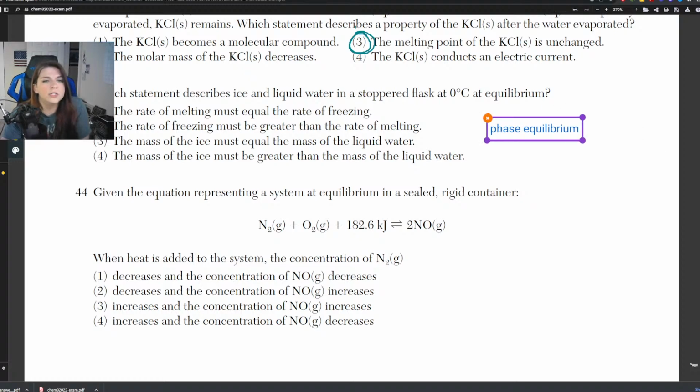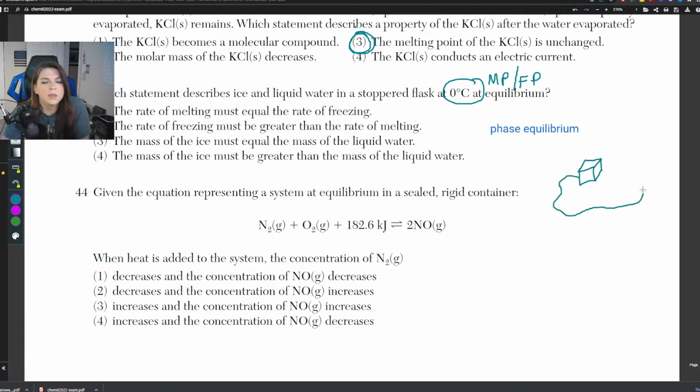So at 0 degrees Celsius, water is going to be sitting at its melting/freezing point, which means you will have a little ice cube of water, and it will be in a puddle, and it will be melting at the same rate that it is freezing, although it's going to be a particle super close to the ice cube.